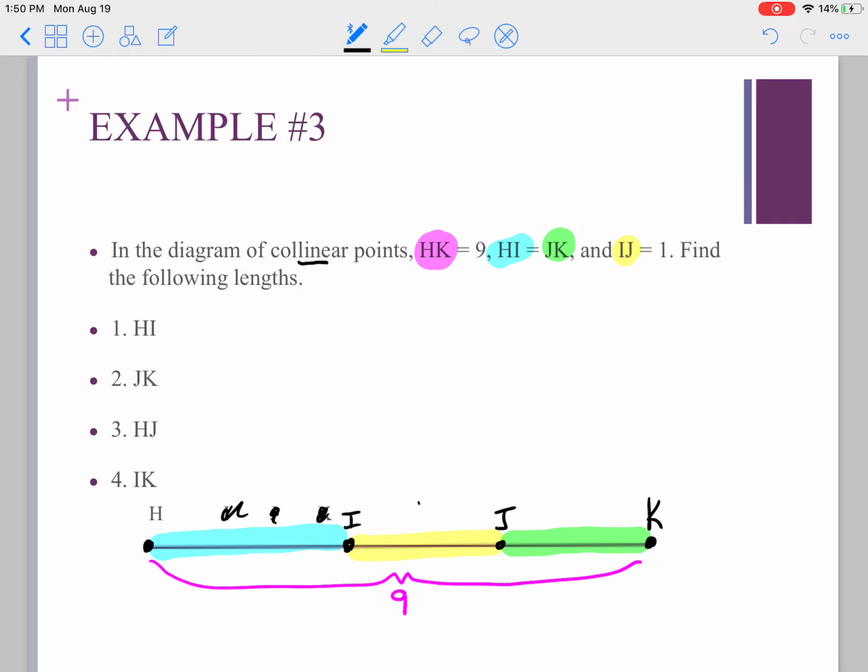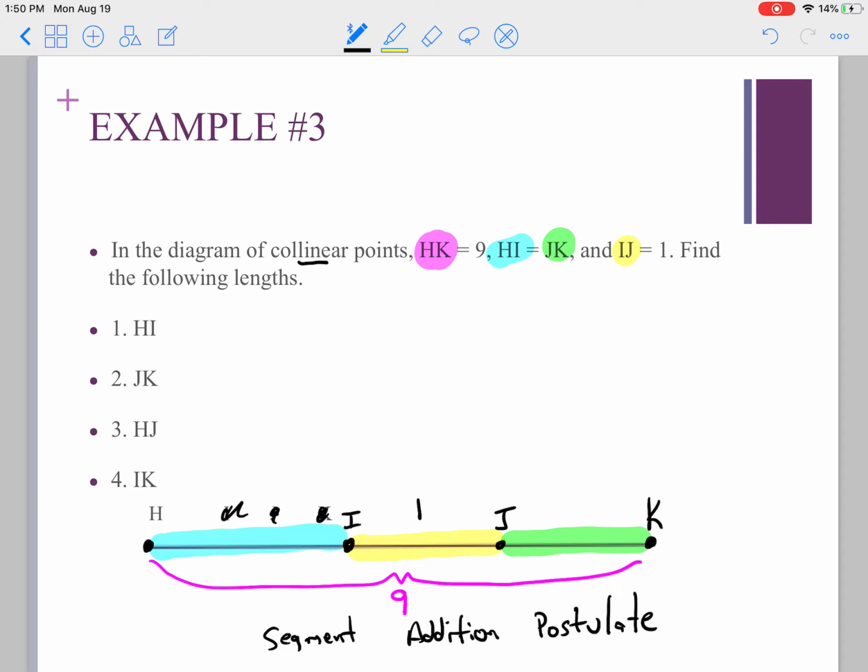So let's go ahead and label this as 1. Now we know we're going to use the segment addition postulate, okay? So let's write segment addition postulate. Since we're going to use it, we need to write some sort of equation to show the relationships between these segments.